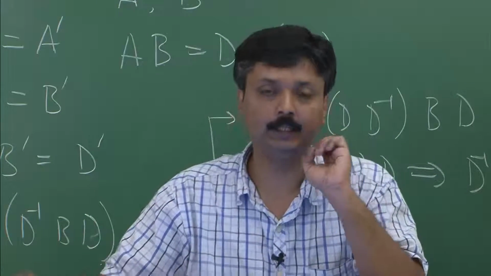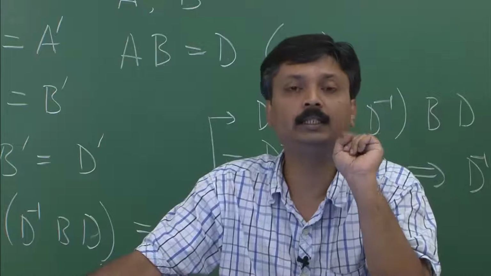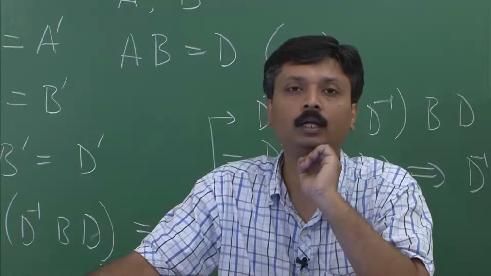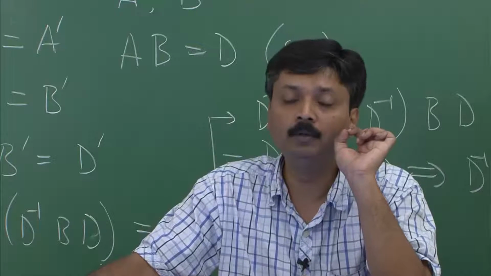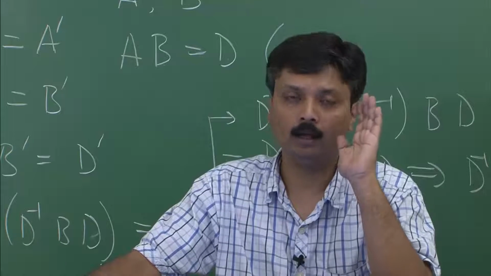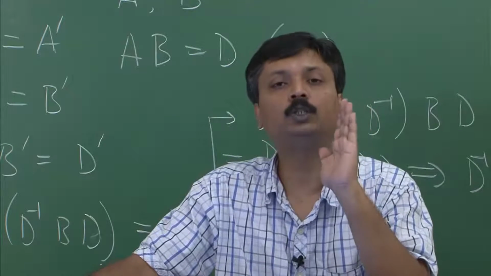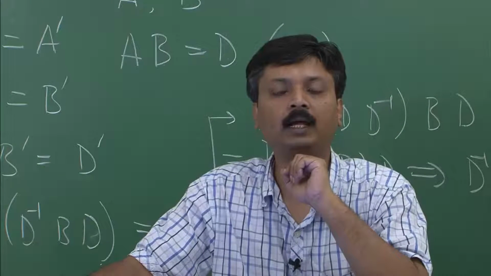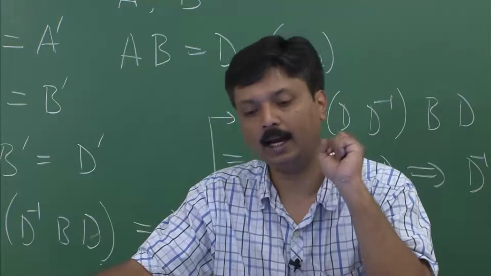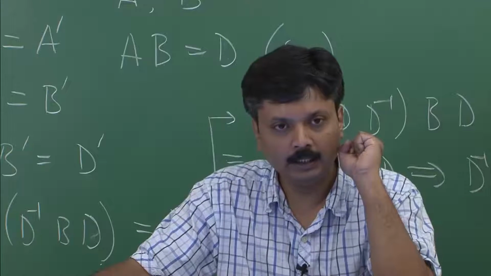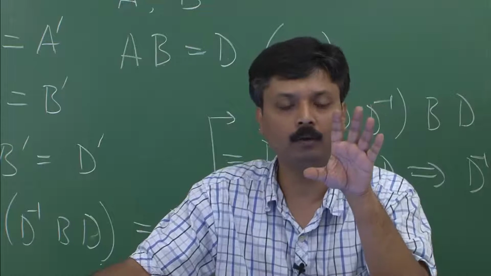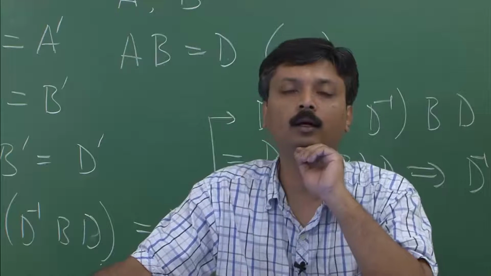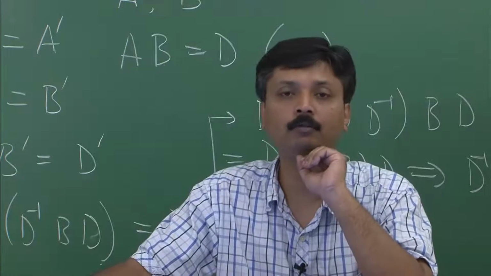When we can do these things, then we say this original representation that we formed, that is matrices E, A, B, and so on, is a reducible representation, meaning that I can reduce them into smaller blocks, smaller dimensions. I started with, say 9 by 9 matrices for each representation, and I can do the similarity transformation. I can get say 3 by 3, 2 by 2, and 1 by 1 matrices, which themselves form the representation.